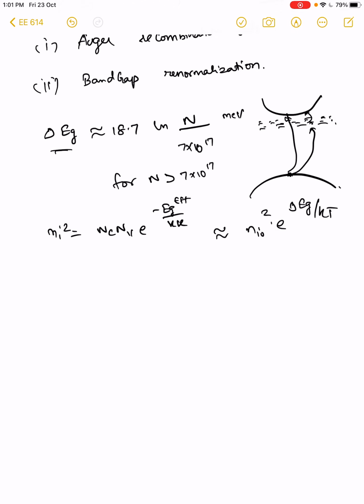And under these situations, my Pn will turn out to be ni emitter square by doping density in the emitter, which will turn out to be ni naught square by Ne e to the power delta Eg by kT.